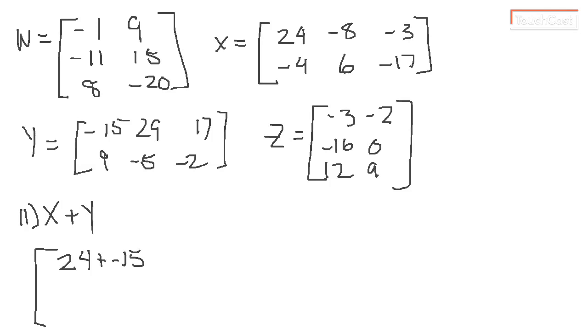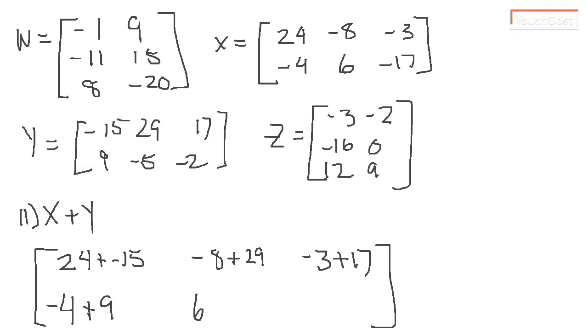We're going to add the corresponding elements. We're going to take -8 and add 29. We're going to take -3 and add 17. And then we're going to move into the second row. We're going to take -4, add 9, take 6, add -5, take -17, and add -2.